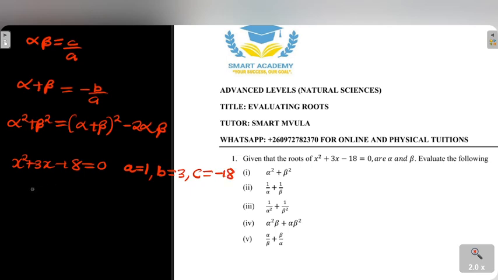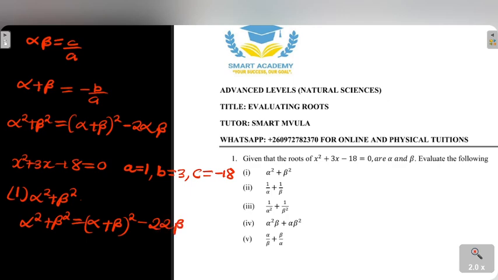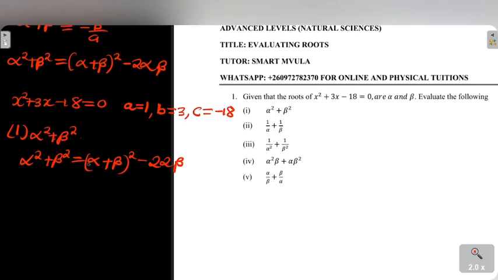Okay, then now we have our first part, which is asking us to evaluate alpha squared plus beta squared. Remember, for us to evaluate this, we have the property for this. The property is alpha squared plus beta squared equals alpha plus beta, squared, minus 2 alpha beta.